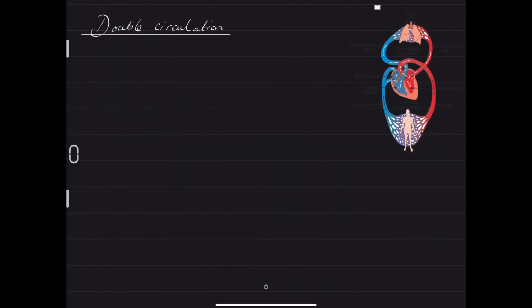Second part of the circulatory system, there's transport, where the blood is carried from the heart to all other organs of the body and back again to the heart.